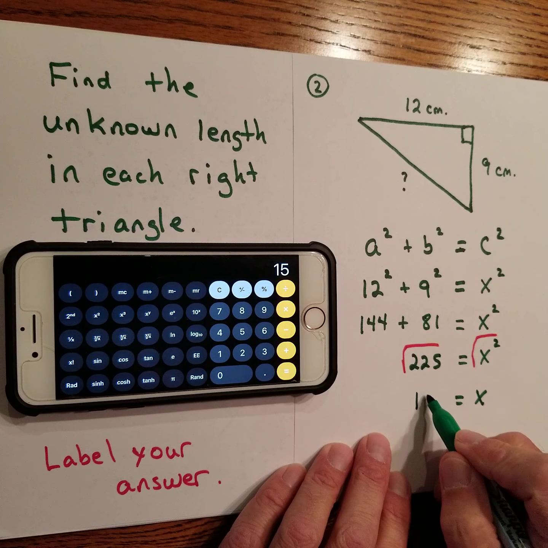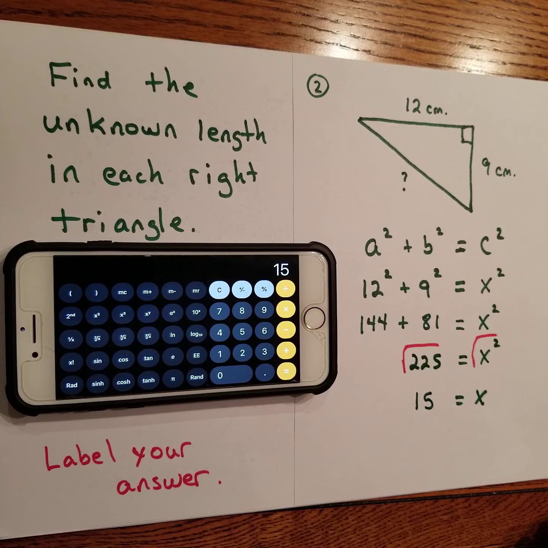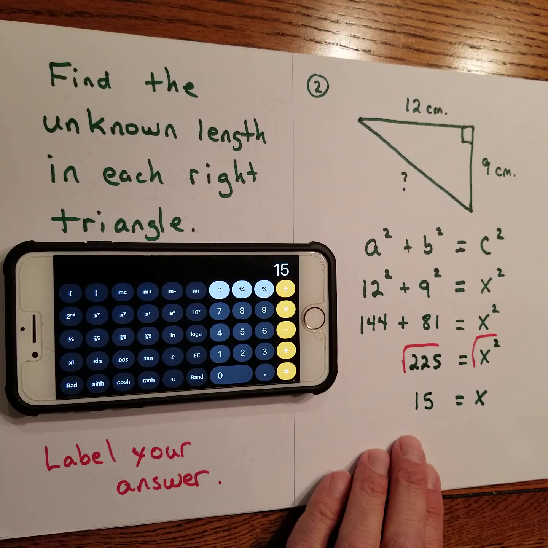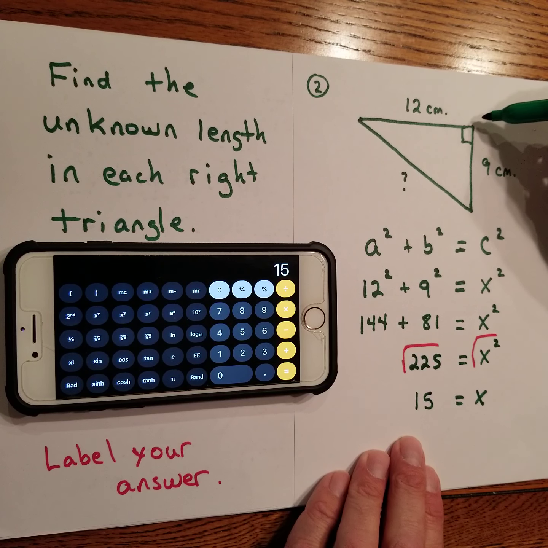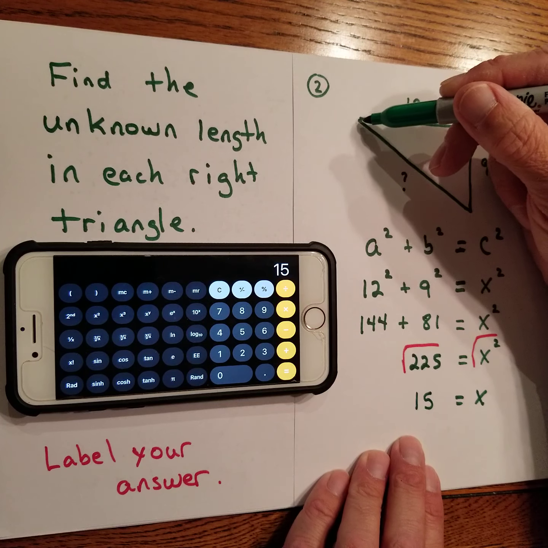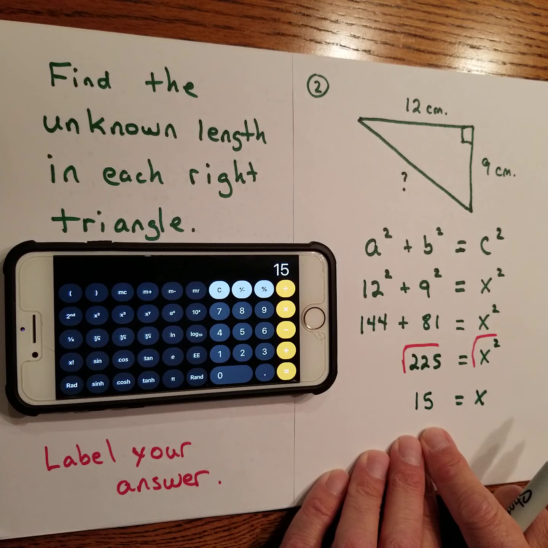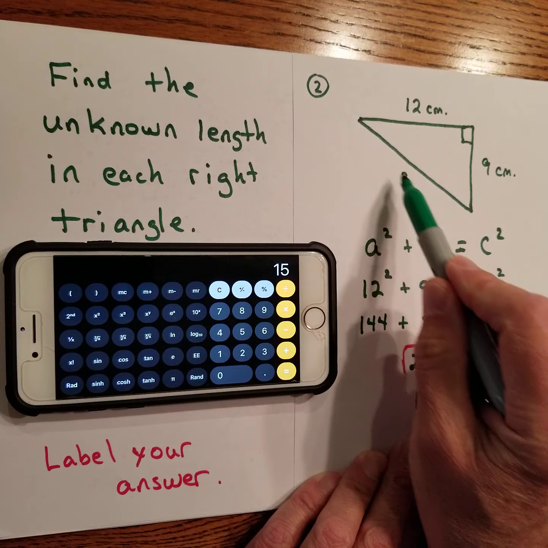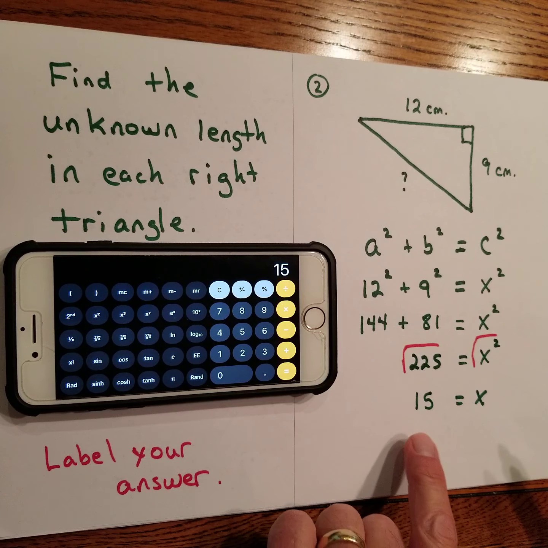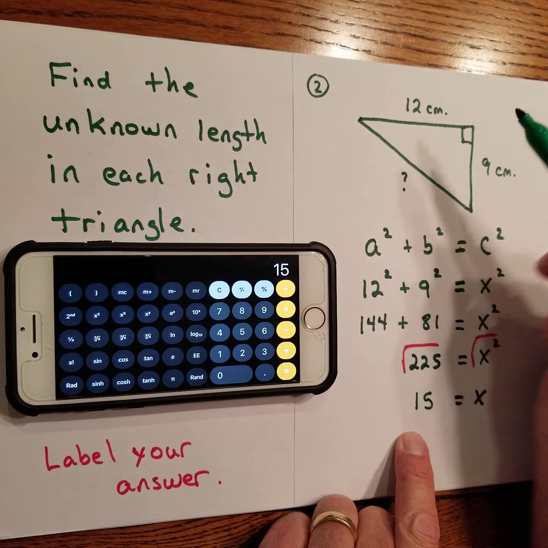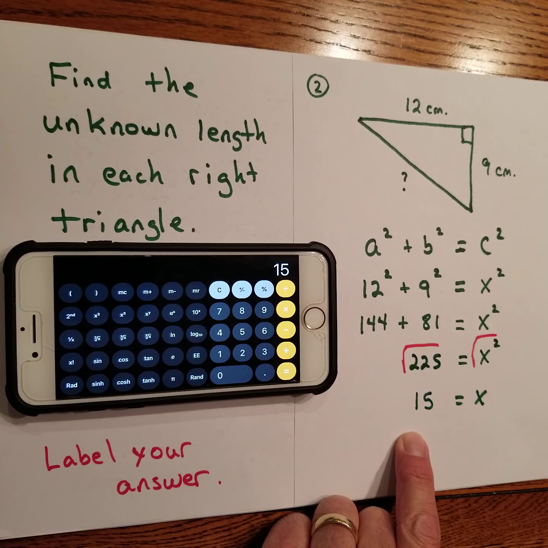No rounding off in this problem. Let's make sure 15 looks right with the picture. If the legs are 9 and 12, could the hypotenuse be 15? The hypotenuse will always be the longest side of the triangle. So 15 makes sense because it's a little longer than either 12 or 9.